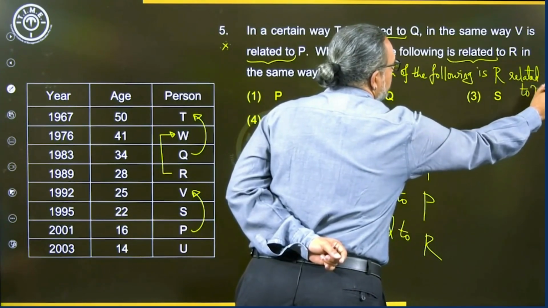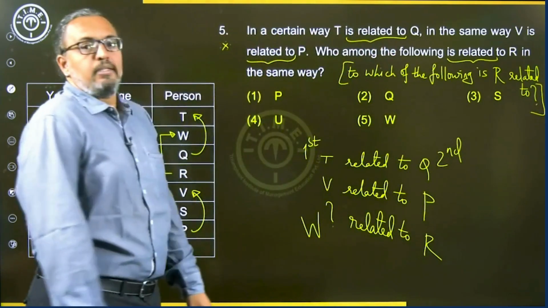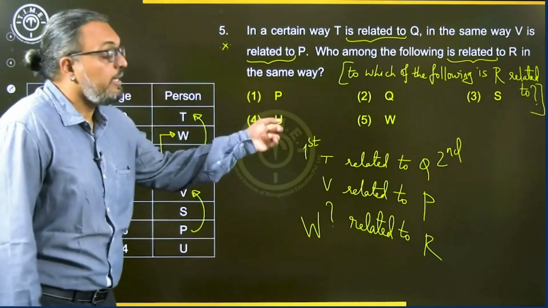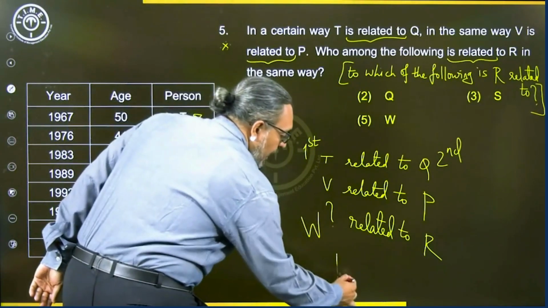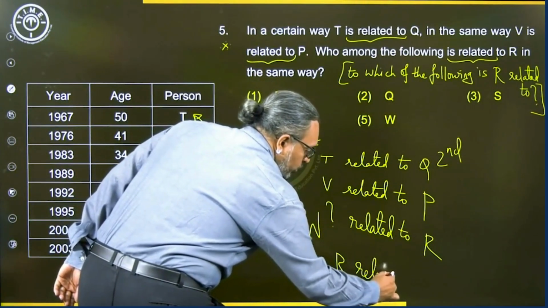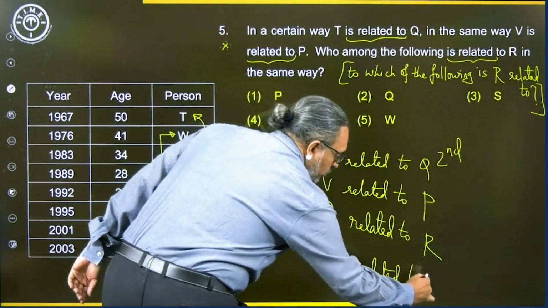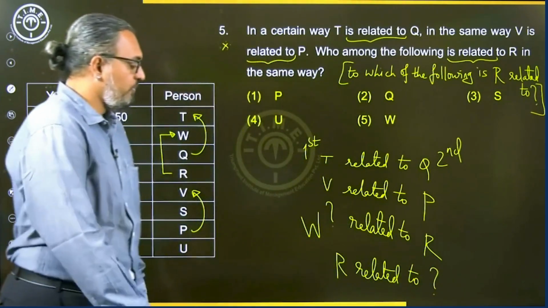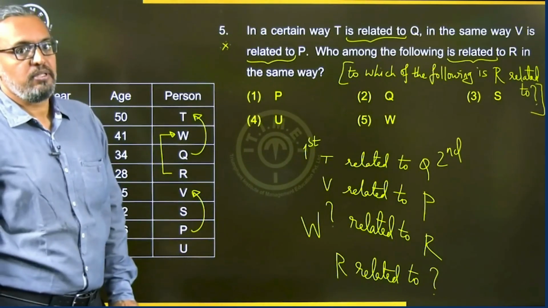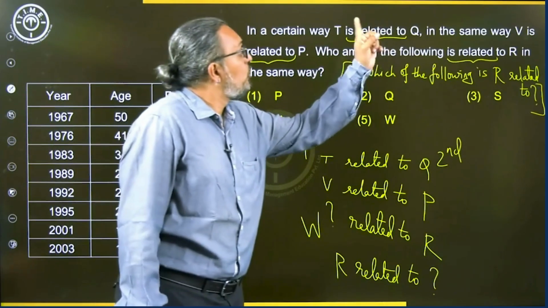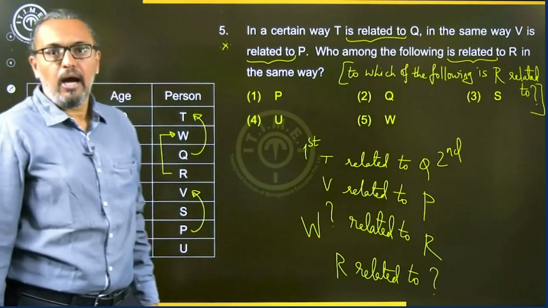That can also be asked. That means now my question is, R is related to who? It can be asked either way. That is why the word "related to" is important. Our question was, who is related to R?